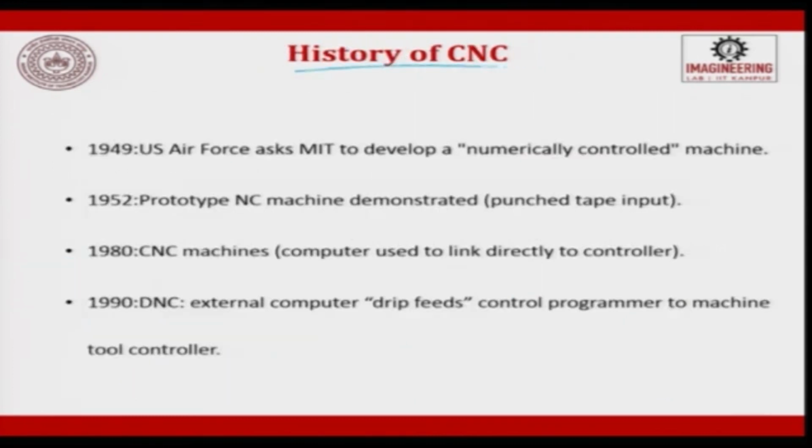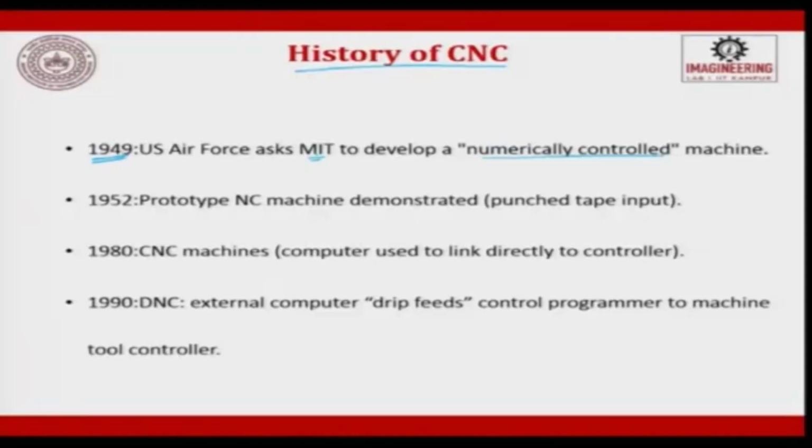When we talk about the history of CNC machine, in 1949 US Air Force asked MIT, Massachusetts Institute of Technology, which is in USA, to develop a numerically controlled machine, because they were trying to get ready for war and there were a lot of complex parts to be made, because in aerospace industry as well as in defense they needed complex geometry parts to do multifunctional requirements.